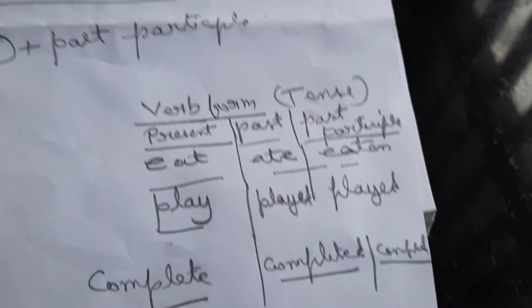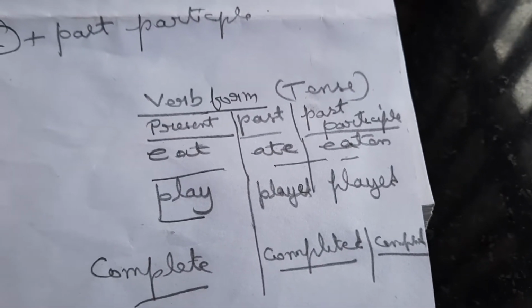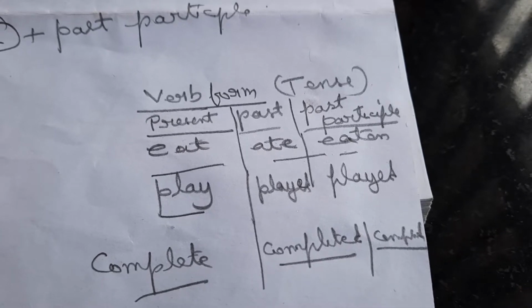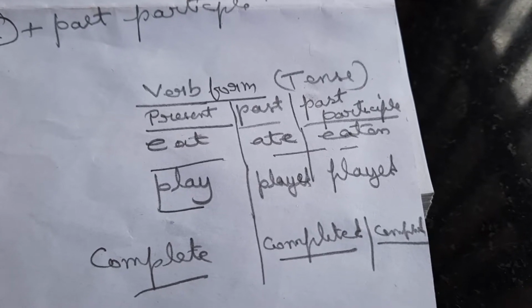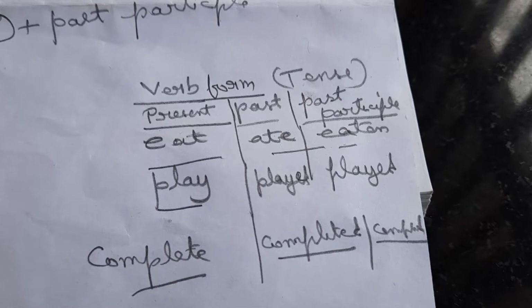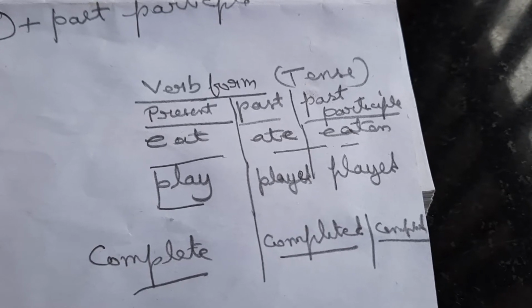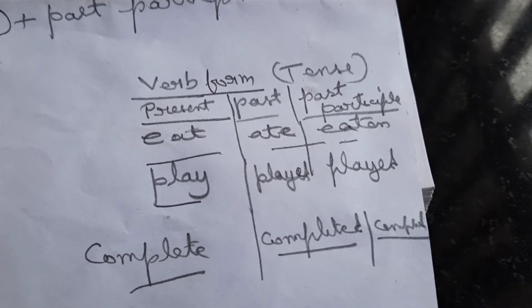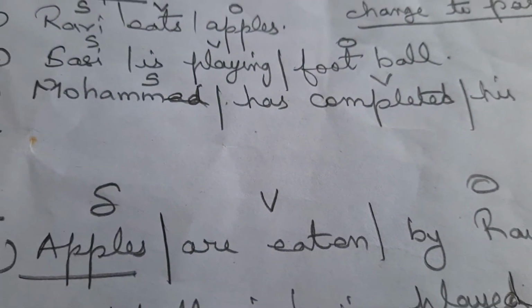I've written the verb forms here: present tense, past tense, past participle. Eat, ate, eaten. Play, played, played. The formula is be verb plus past participle, so the be verb 'are' and 'eaten by Ravi'. So: apples are eaten by Ravi.